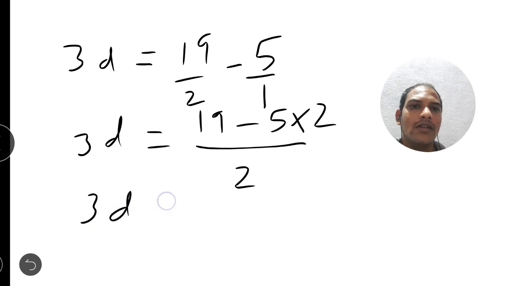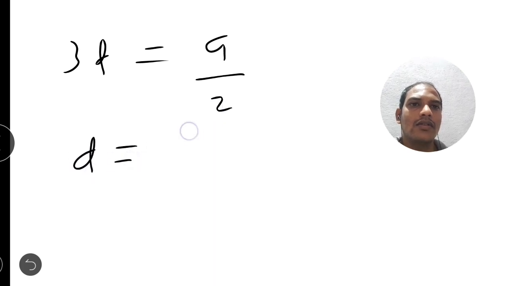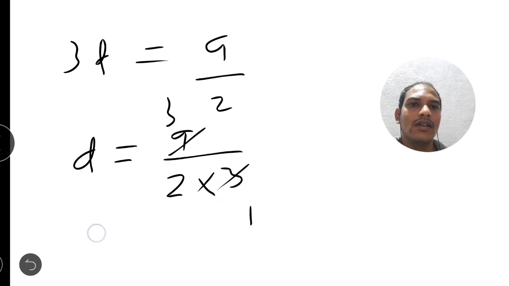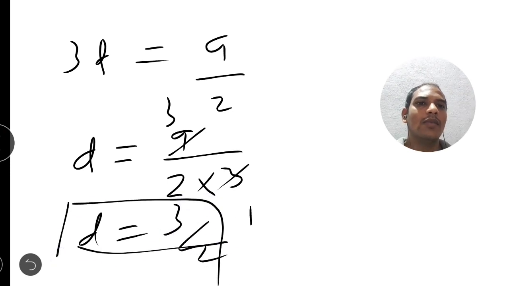So 3d equals 19 minus 5 twos are 10, divided by 2. 3d equals 19 minus 10 is 9 divided by 2. Then d equals 9 by 2 into 3. 3 ones are 3, 3 threes are 9. So the d value is 3 by 2.